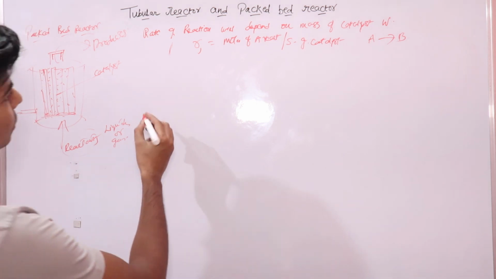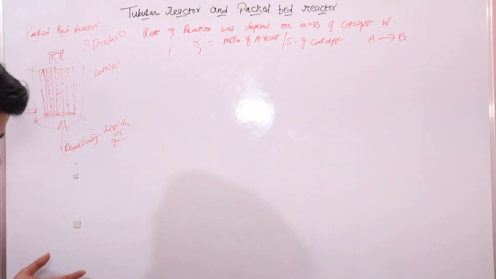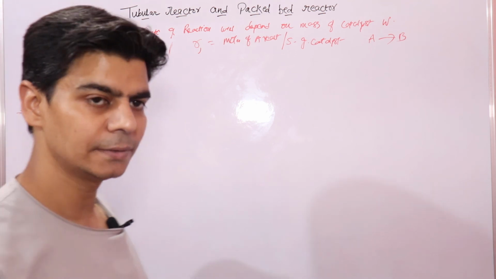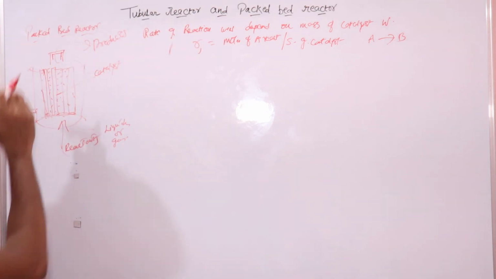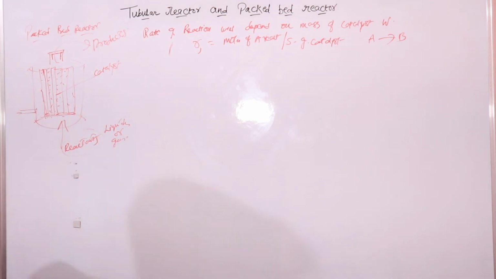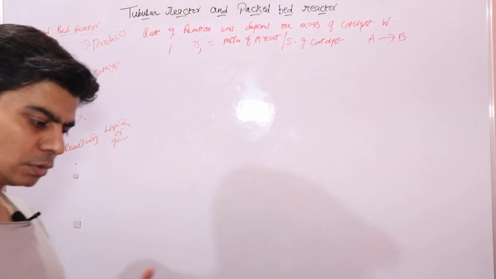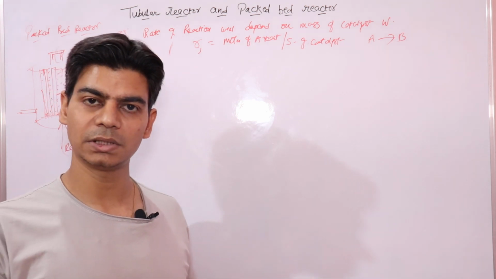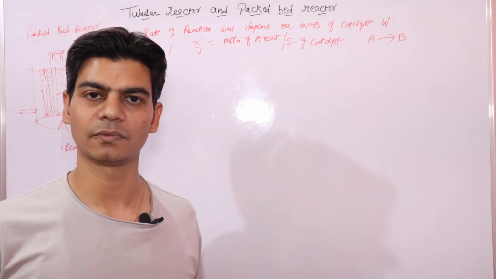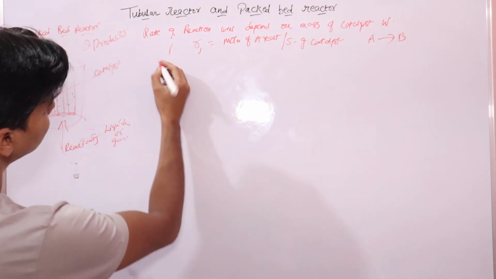So the mole balance equations here also, like we have done in the previous tubular reactor, when the reactants pass through this reactor, their concentration will continuously change. Since here we are not considering volume, we are considering the mass of catalyst, we will consider like this.